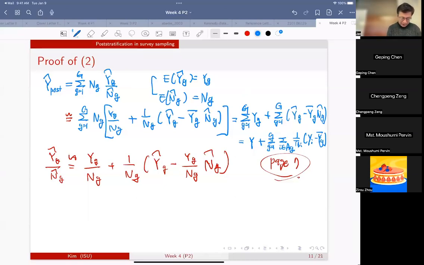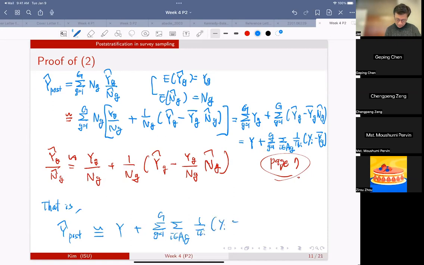So then that actually shows, right? So that post is approximately equal to y plus... right?